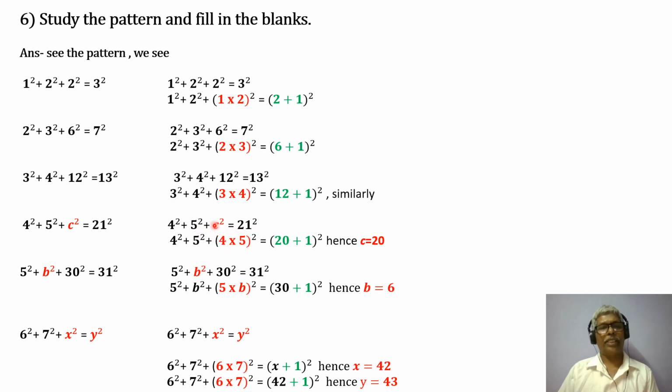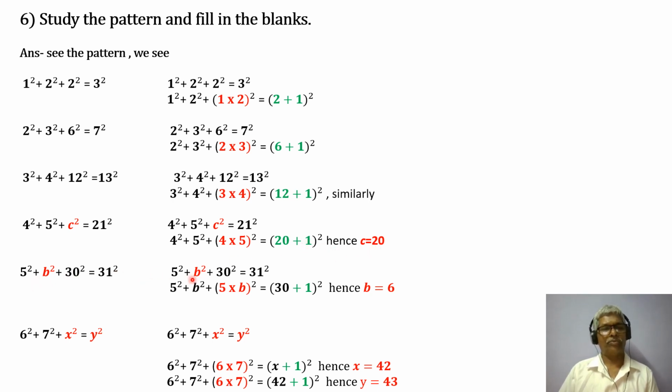Okay. Then C, as we have seen with the same pattern, will be 4 into 5. And this number will be that C plus 1. That is, 4 into 5 is 20 and this number is 20 plus 1. Yes. Then C is 20.